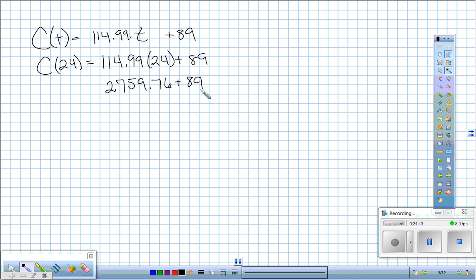We're going to add $89 to that. And our total cost after 2 years of having this phone and never getting a new phone in those 2 years is $2,848.76. So that's what some of those word questions will ask you to do.